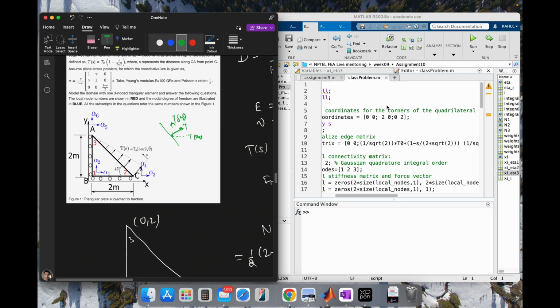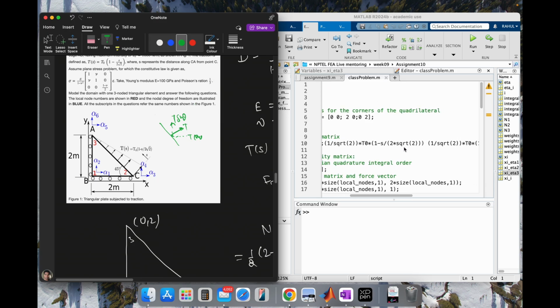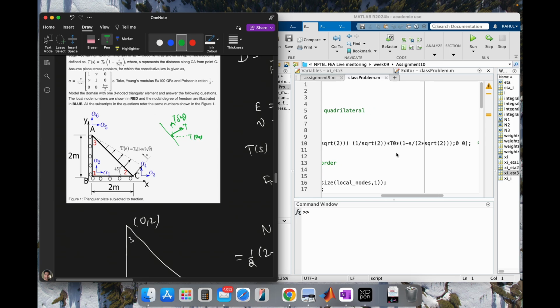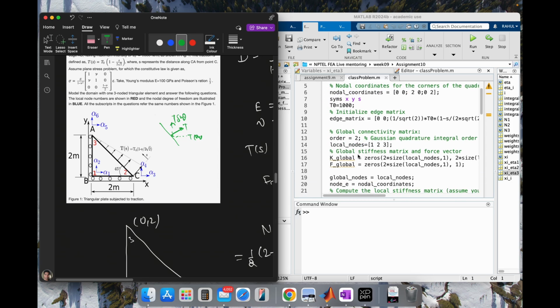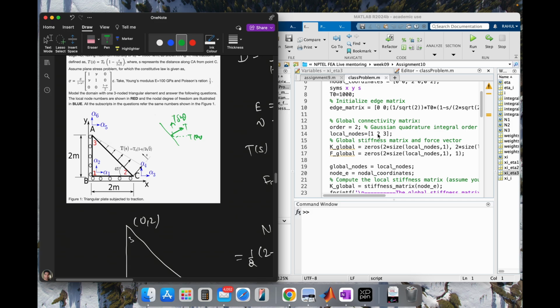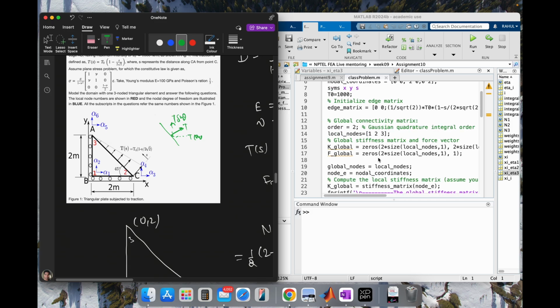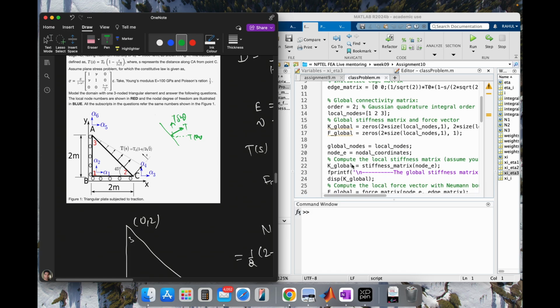So that's why I have written 1 by square root 2 t naught for this and 1 by square root 2 t naught for this. So this is the edge matrix, and suppose we are using the two-point Gaussian integral, and this is the local node 1 2 3, and then I have initialized k global and f global.